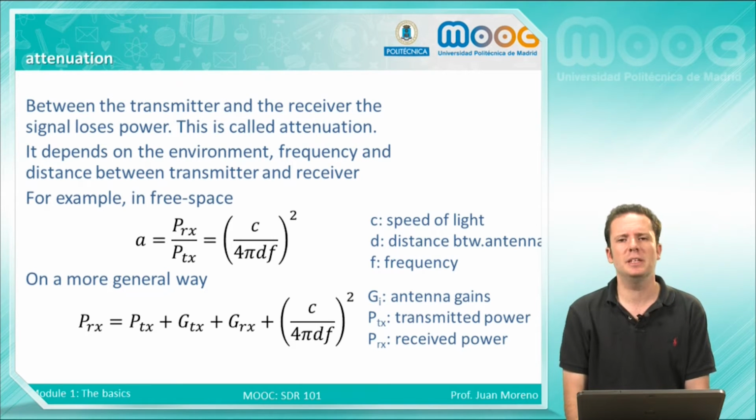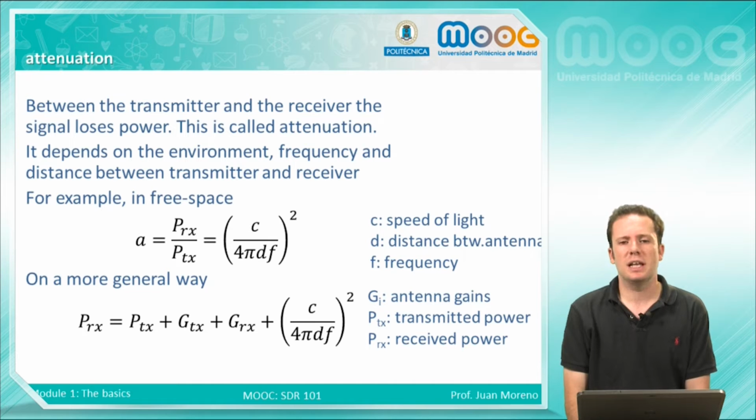The third parameter is the distance between the transmitter and the receiver. This is a very intuitive approach, because the more separated the transmitter and the receiver are, the more attenuated the signal will be. This seems logical.